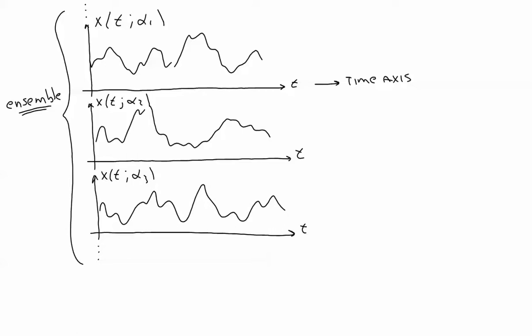So alpha 1 might represent January 1st, alpha 2 is January 2nd, alpha 3 is January 3rd of some year, and if we had thought about it, we could have recorded temperature versus time waveforms outside of your home for an arbitrarily large number of years in the past and arbitrarily large number of years into the future.